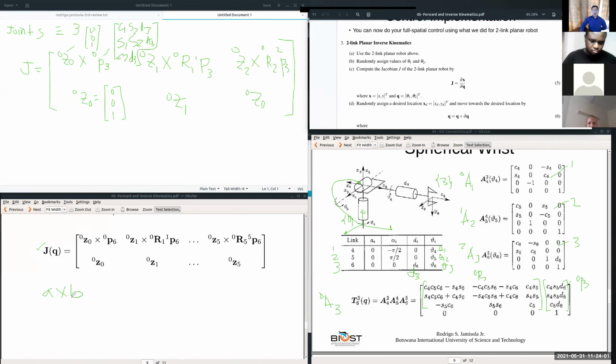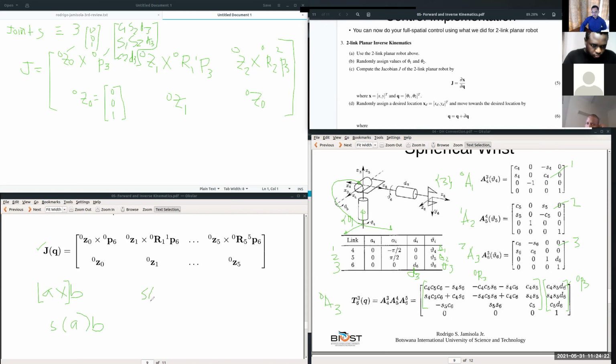There's another method to do A cross B that I use normally. Instead of crossing, I make this as a matrix. So A cross, I make it S of A, which makes a matrix multiplied by B. But what is S of A?